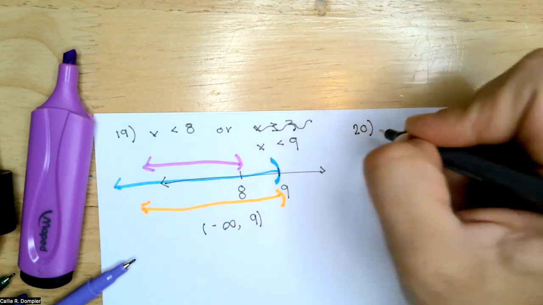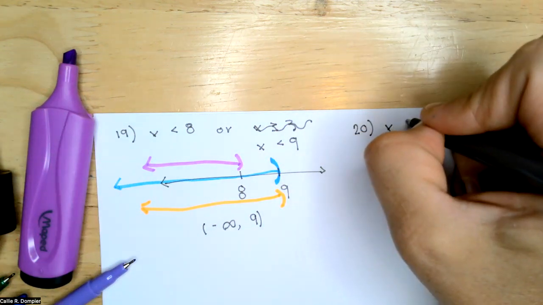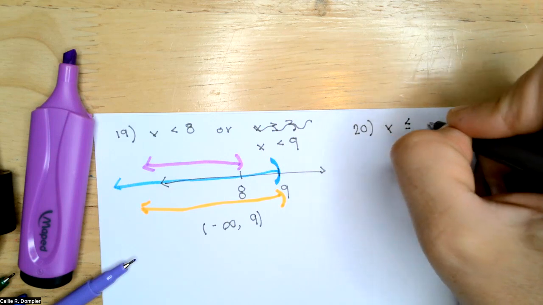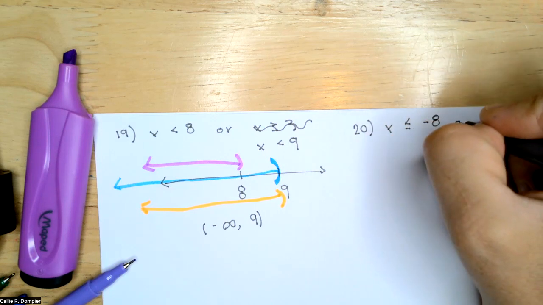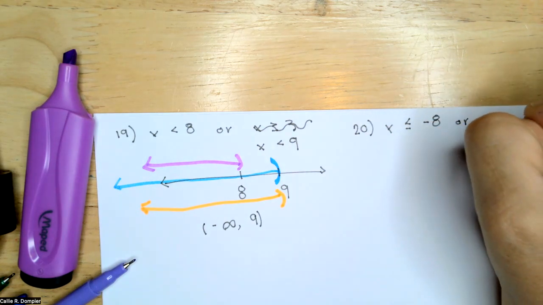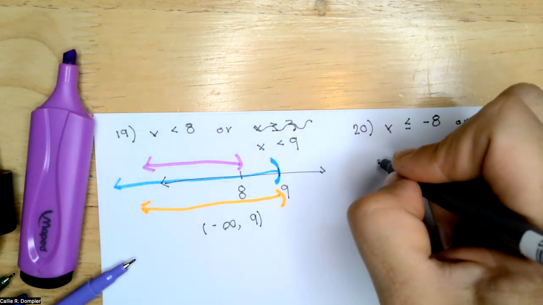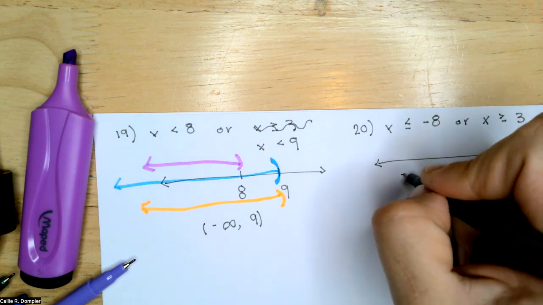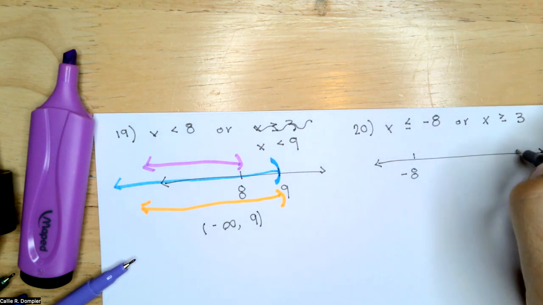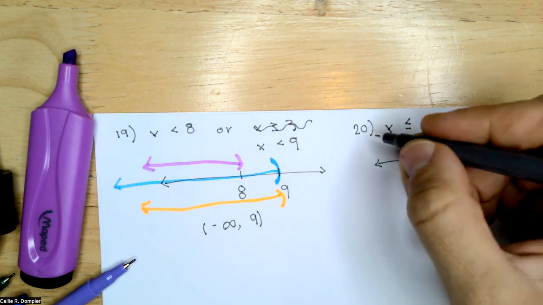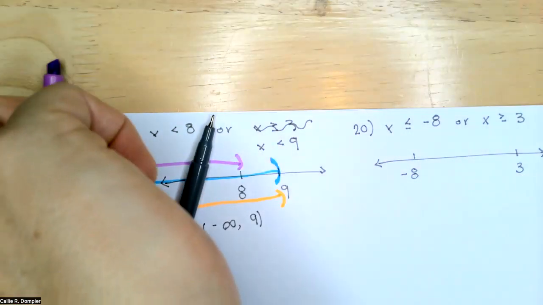Number 20 is x is less than or equal to negative 8, or like I said, x is greater than or equal to a positive 3. We have negative 8 here. We have positive 3 here. So x is less than or equal to negative 8.